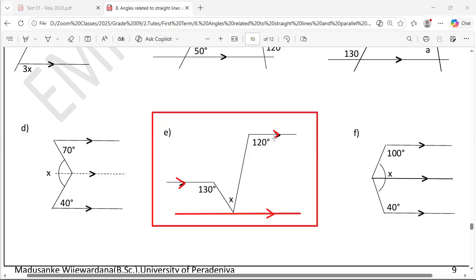Now, if I do this kind of a construction, can you find x? That's why I told you, you need to think a little bit out of the box.